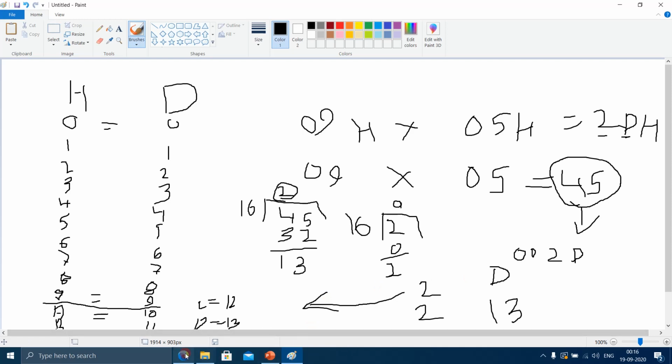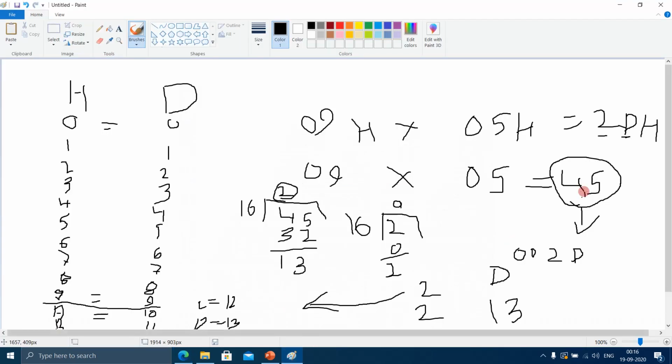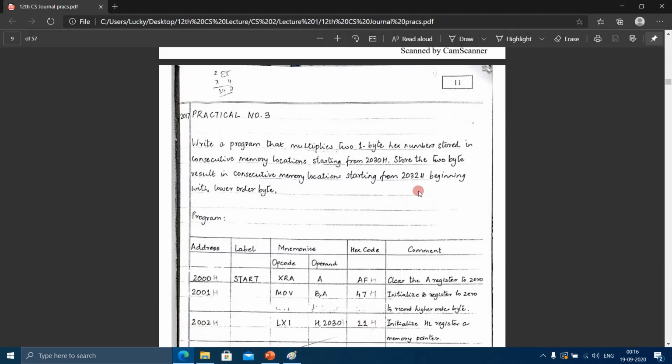So in the question, what is mentioned here? Store the 2-byte result in consecutive memory locations, that means continuous memory locations, starting from 2032 beginning with the lower order byte. So 2D is the lower order byte and 00 is the higher order byte.